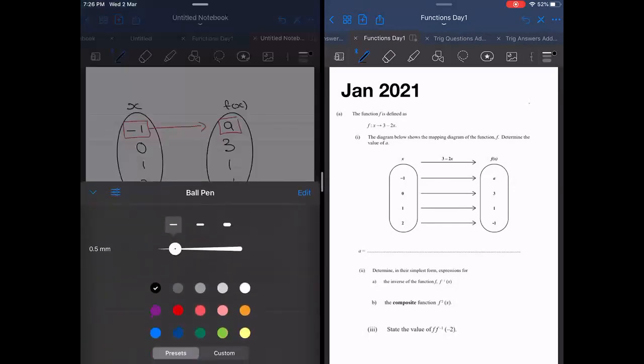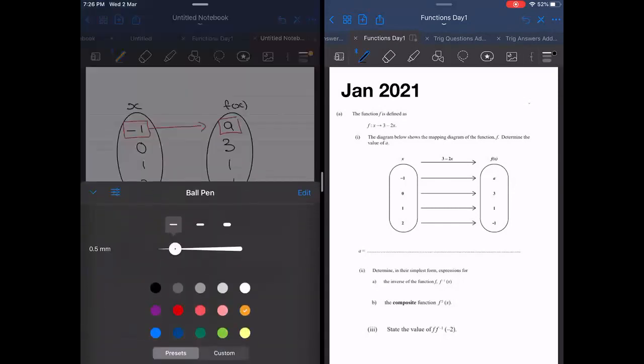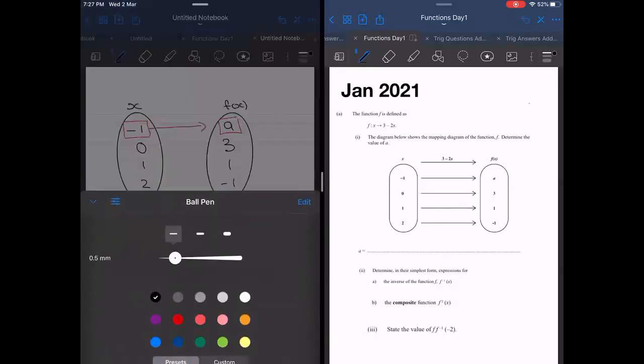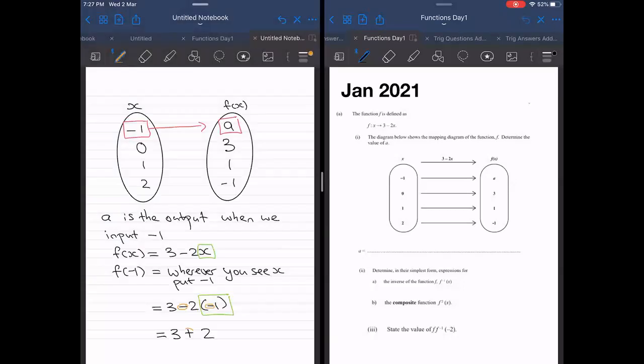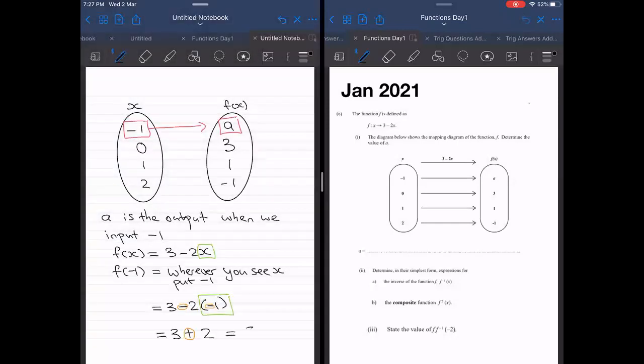Right, guys, so we want to remember that if we have a negative and a negative, it's going to become a positive. Right, and then 2 times 1 is 2. So don't worry, I'm going to go over that. Just doing it for those persons who would catch it the first time, and 3 plus 2 is 5.